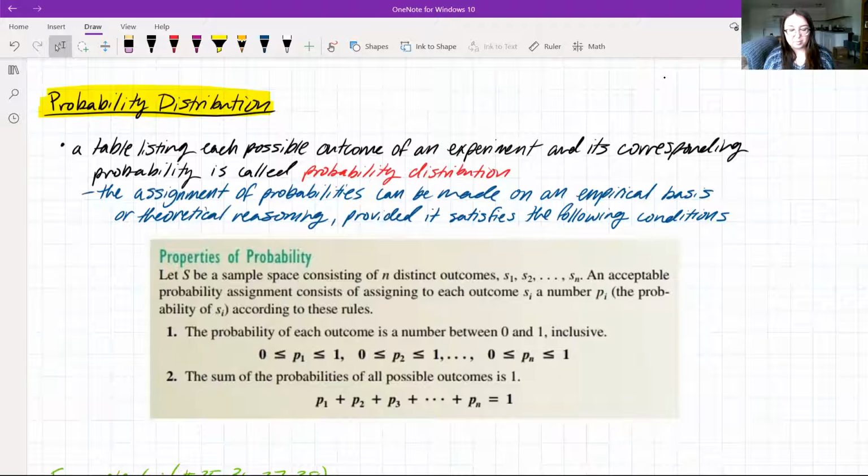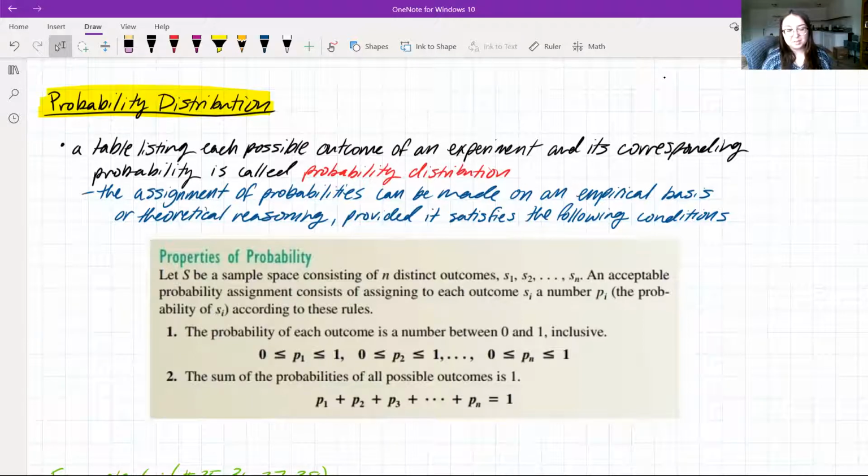So we have the properties of probability. Let S be a sample space consisting of n distinct outcomes, S1, S2, all the way to Sn. Then an acceptable probability assignment consists of assigning to each outcome Si a number Pi, the probability of Si, according to these rules. One, the probability of each outcome is a number between 0 and 1, inclusive. So every probability has to be between 0 and 1.